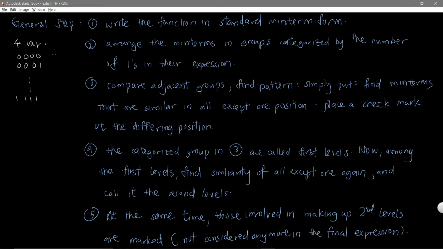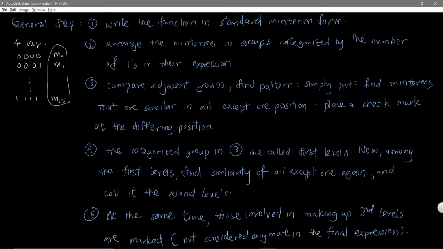And the minterm expression for this is M0, this is M1, and this is M15. So there are a total of 16 different minterms. So you need to write the expression in these minterms. You want to sort them out.